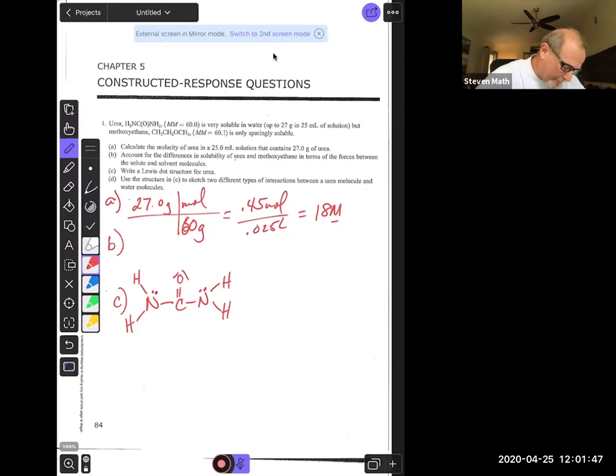And now we're going to compare that to methoxyethane, which is just going to be, as shown, CH3 bonded to a CH2 bonded to an O bonded to a CH3.